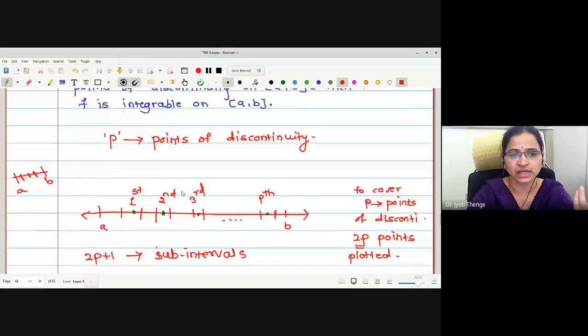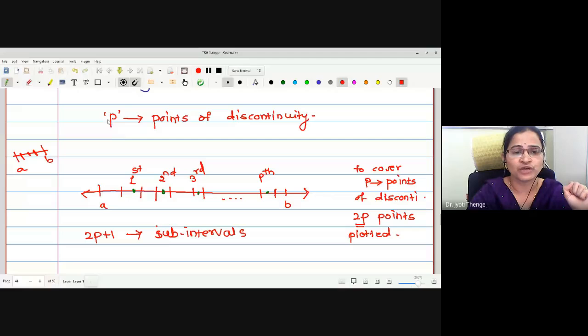Therefore, to prove the integrability of this, to cover these p points of discontinuities, we have plotted the points of the partition in such a way that every discontinuity gets covered in one subinterval. For one discontinuity, there is one subinterval.